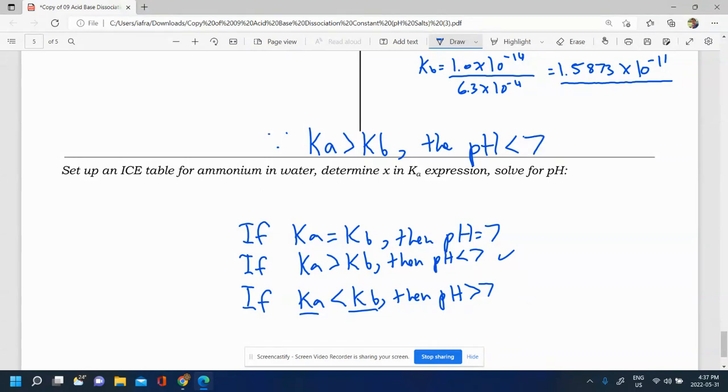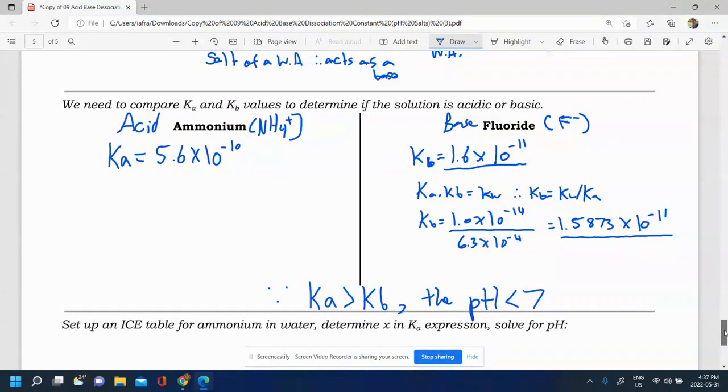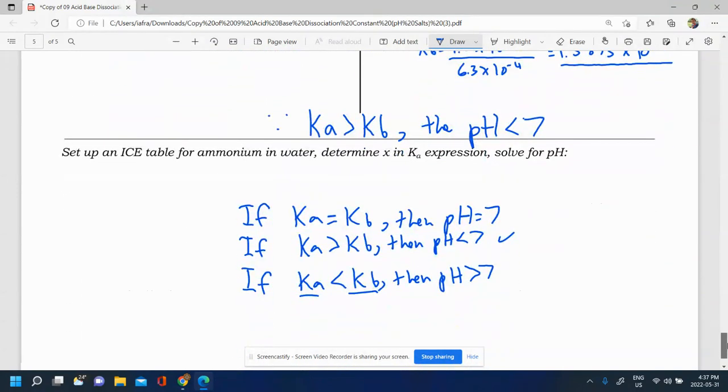Now, there actually is a way to calculate the exact pH. You could theoretically just set up an ICE table for whichever one was higher. So we set up an ICE table for ammonium and then find the pH there. But there's actually more steps you need to do.